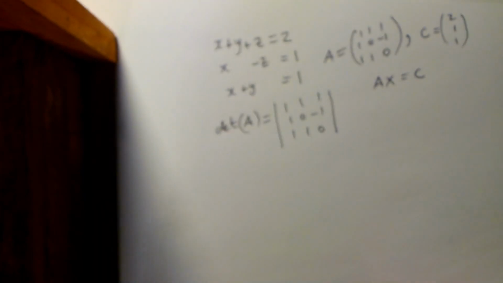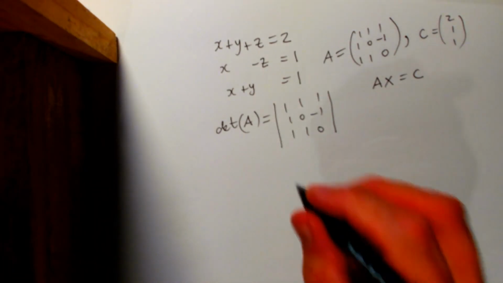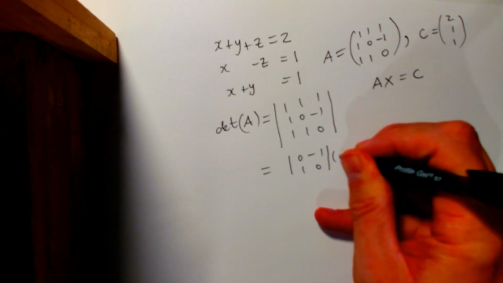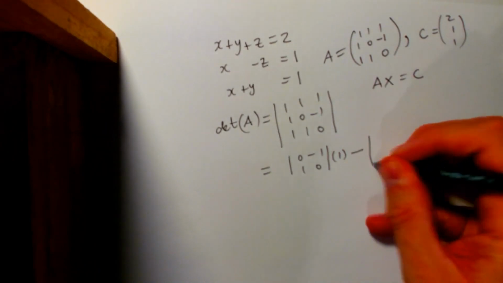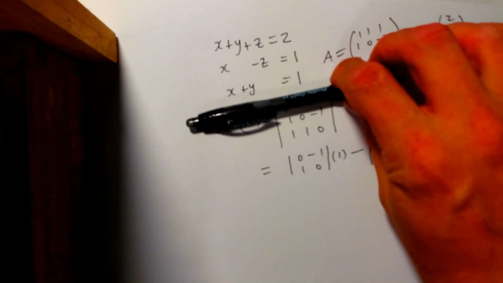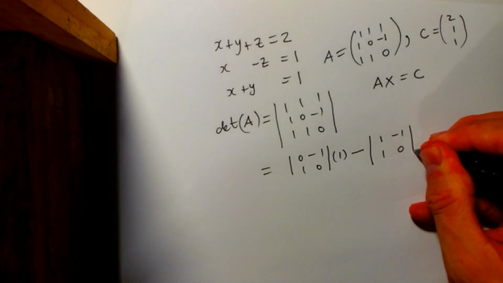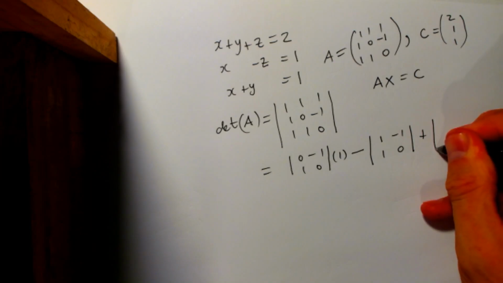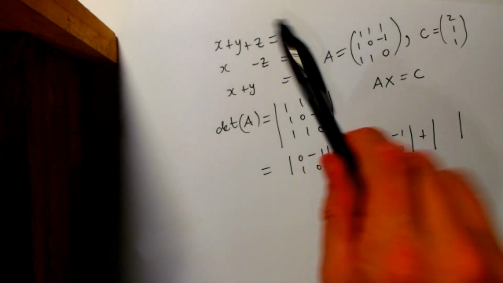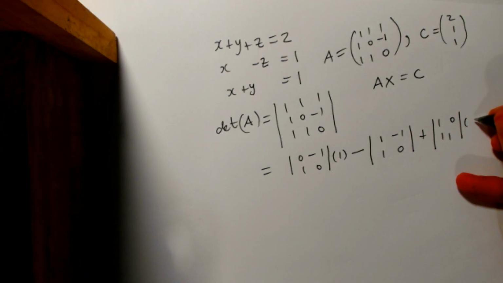Okay, so expanding this determinant across the top row, we have the determinant of 0, minus 1, 1, 0 times 1, subtract, crossing out the column and the row that the middle one is in, we have 1, minus 1, 1, 0, and then we have plus. We're crossing out the third column and the first row, so 1, 0, 1, 1 multiplied by 1.